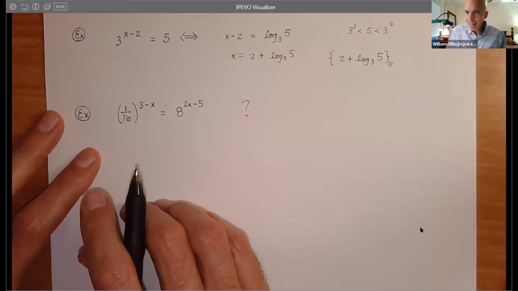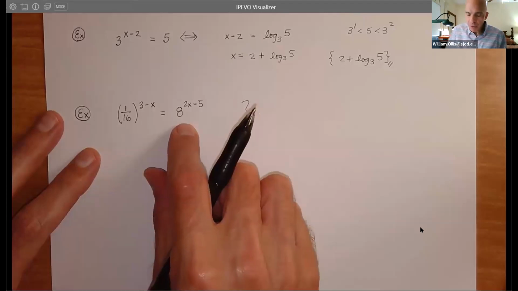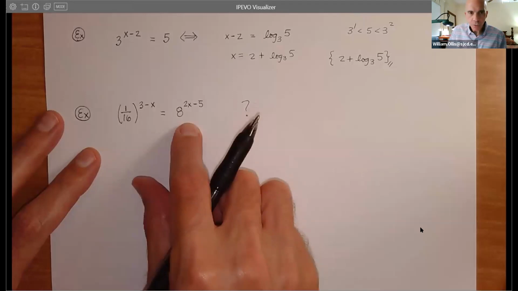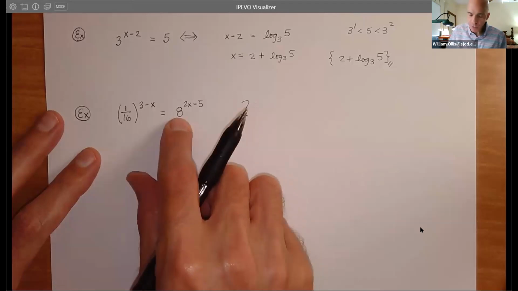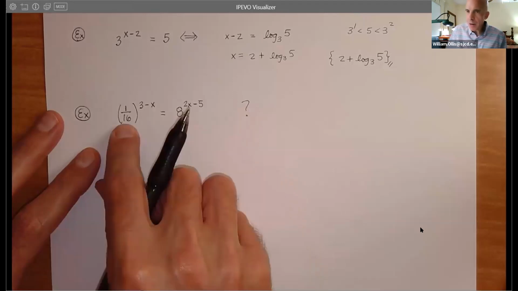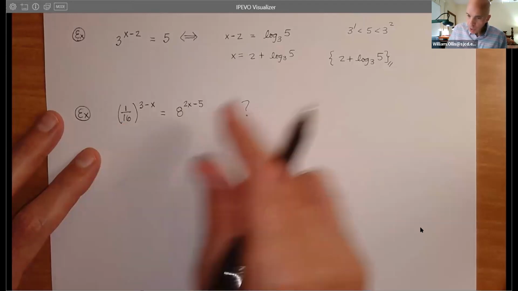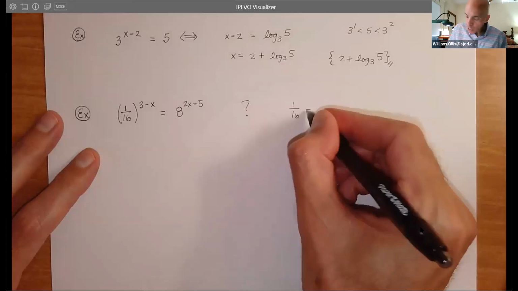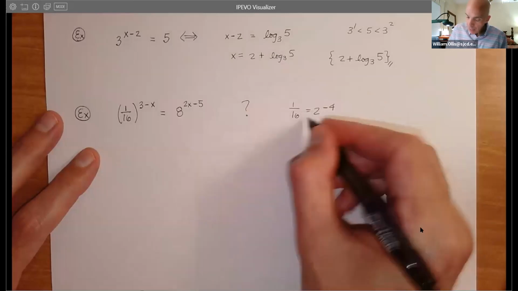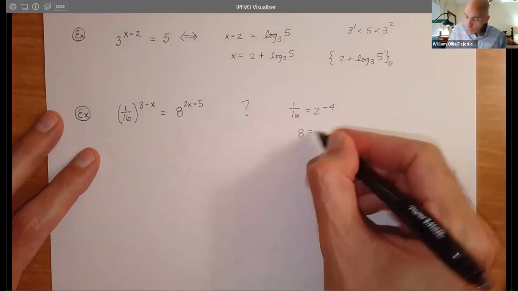And then it's like I do have a logarithm, but these are all powers of 2. That is, 8 is a power of 2, and 1 over 16 is a power of 2. So I should be able to solve this. That is, 1 over 16 equals 2 to the negative 4, and 8 equals 2 to the third.